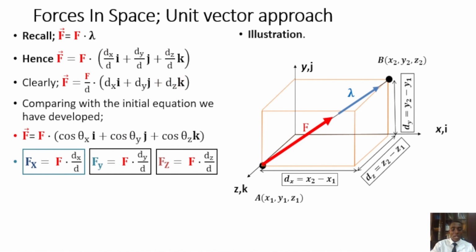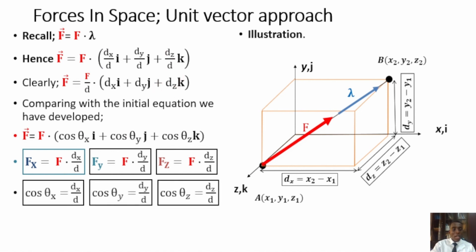That's what we are trying to say. And then also we can say that cos theta x is going to be dx over d, cos theta y is dy over d, and cos theta z is dz over d.